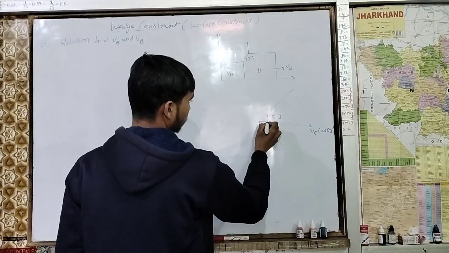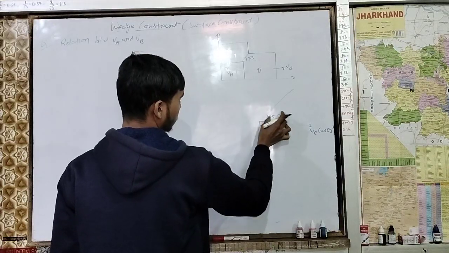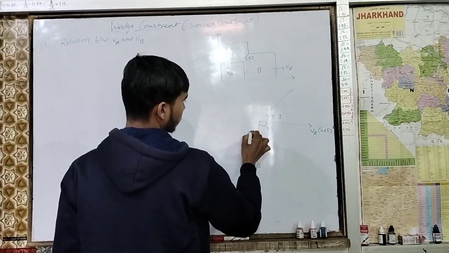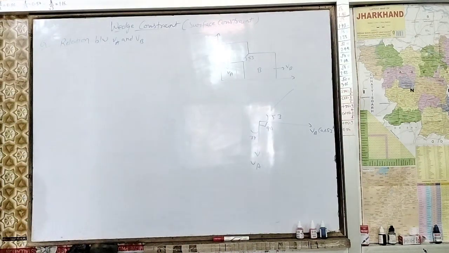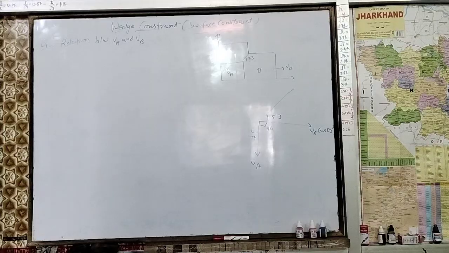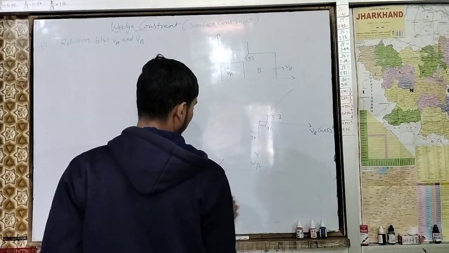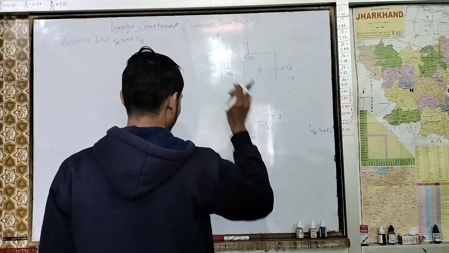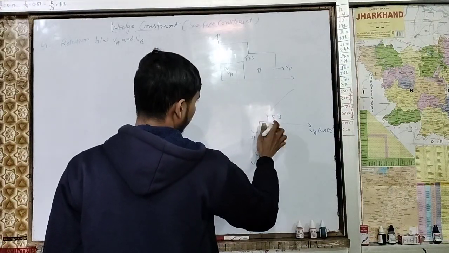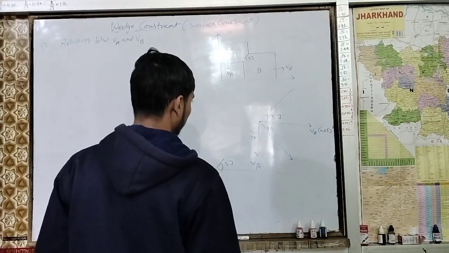I think it should be 90, so 53, 47. Not 47, 37. If this is 53, then from the reference point this will also be 53. And the resultant would be something like this.